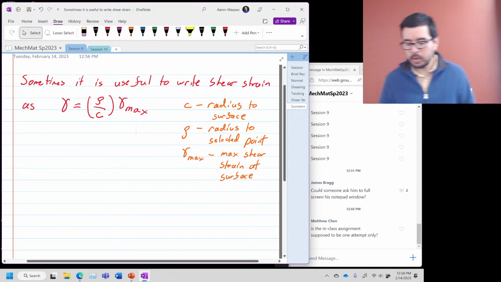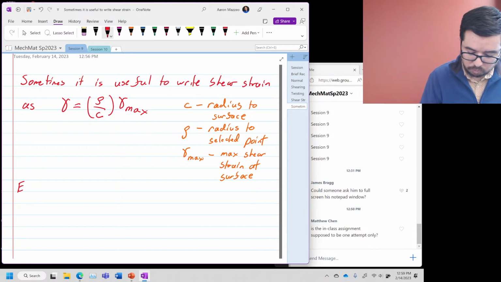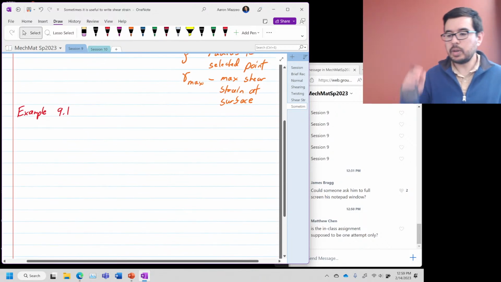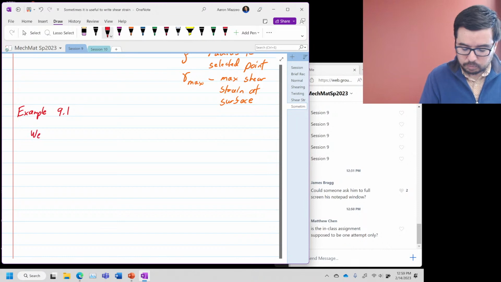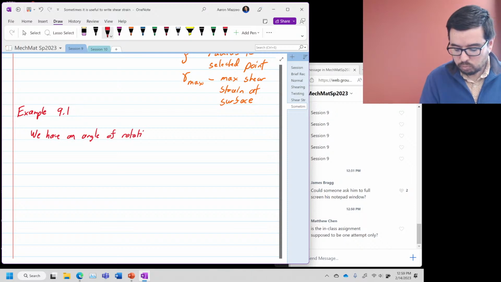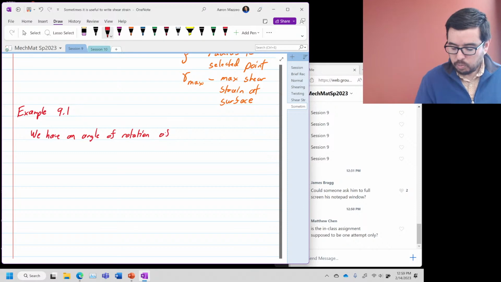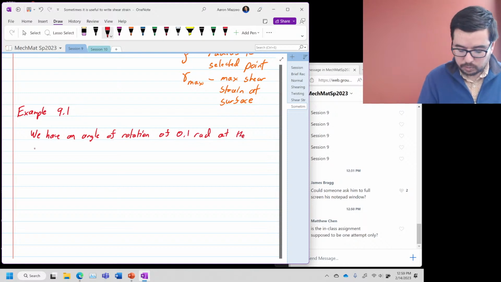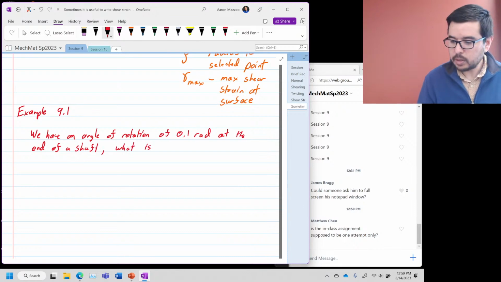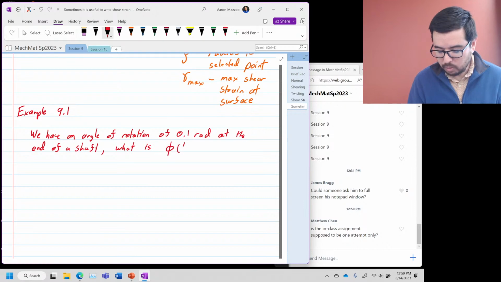Okay, so let's do a quick example. Here, what we're going to say is we have an angle of rotation of 0.1 radians at the end of a shaft. What is the phi at L over 2?